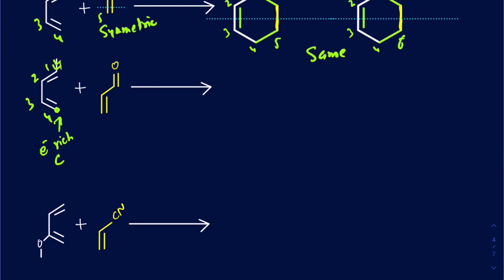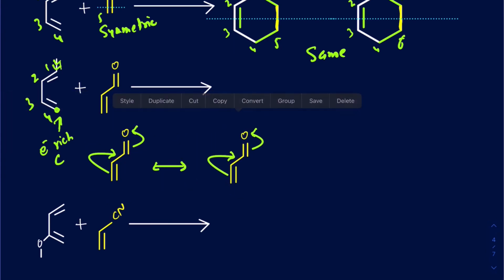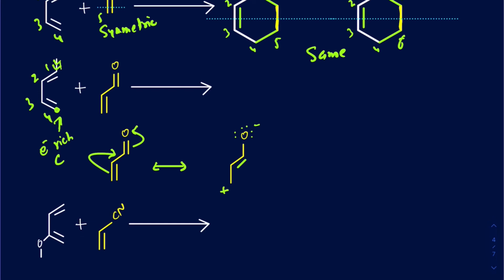And then what about this dienophile, how does this work out? I can go ahead and draw the resonance of that. If I move this down here, because the pi bond gets moved here, then the pi bond between the carbon and oxygen breaks, and then you make a new pi bond here. Oxygen gets the negative charge, and this carbon gets the positive charge.